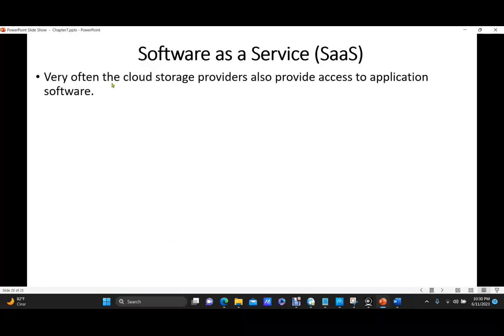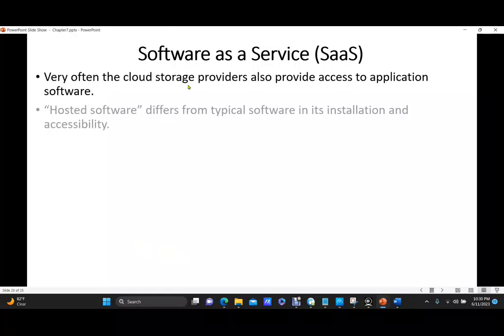Very often, these cloud storage providers also provide application software. Hosted software differs from typical software in its installation and its accessibility.